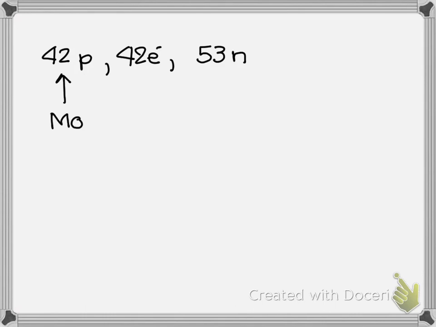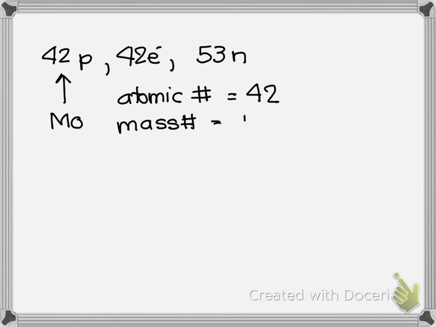It has 42 electrons, and then it has 53 neutrons. So it has an atomic number which equals 42. Its number of electrons is 42. And then if they want to know the mass number, I could calculate it, right? Because I could say 42 plus 53, which equals what? 95.